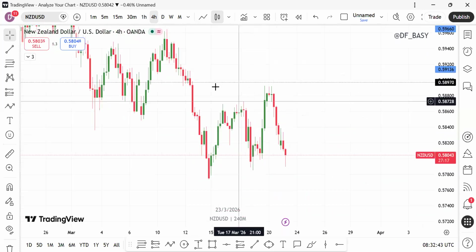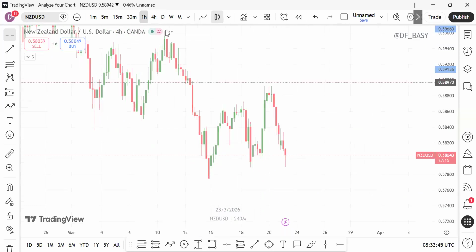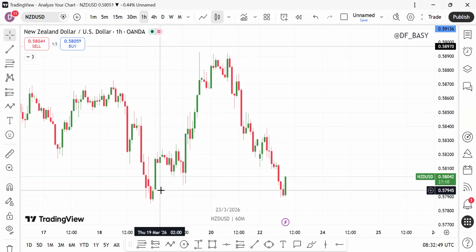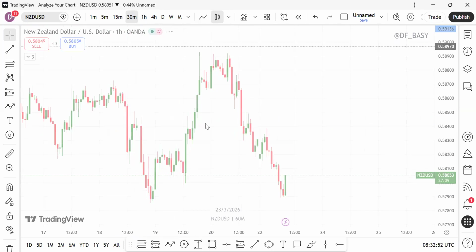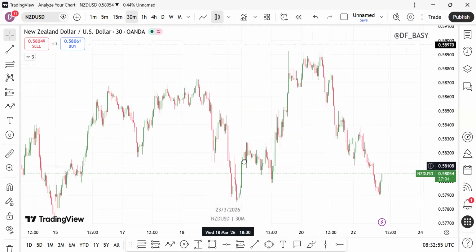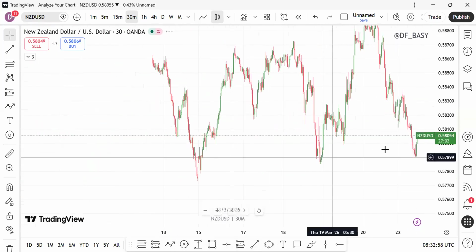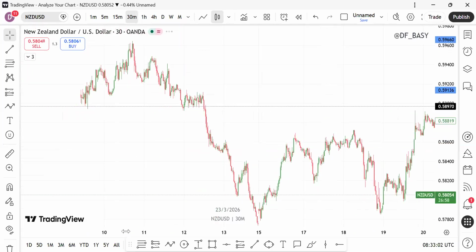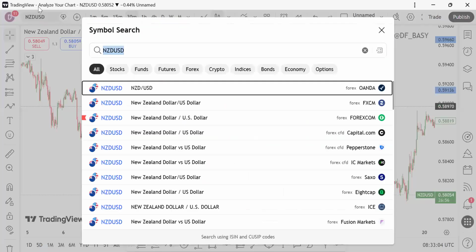Okay, it's bearish. I'm looking for something more subtle. And let me break to the 30 minutes time frame, so I'll give a clear picture of what we are looking for. I think it was GBP.